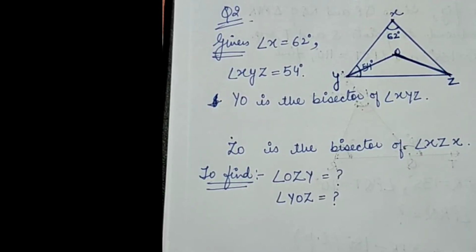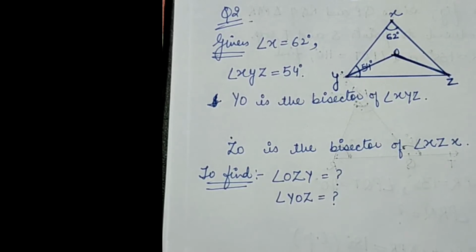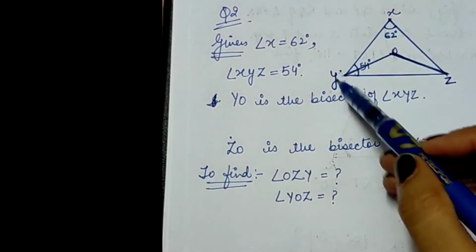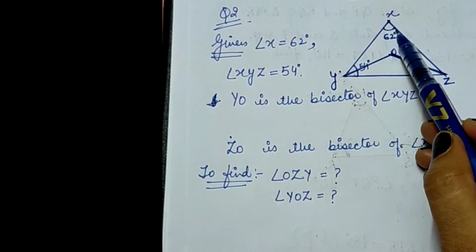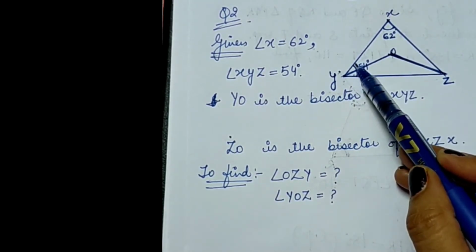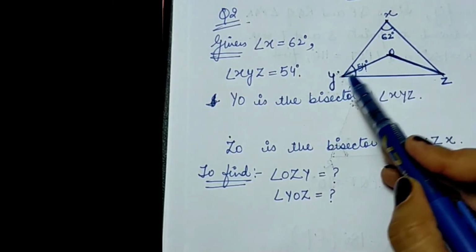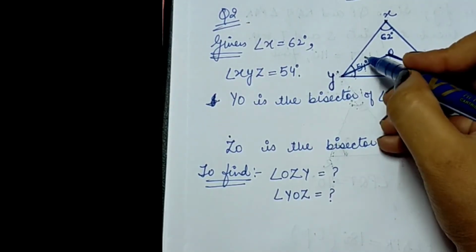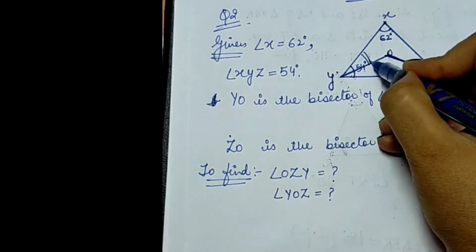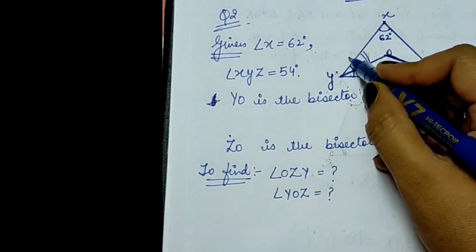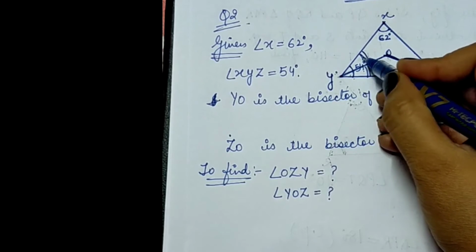So here comes the next question, question number 2. In this given figure, X is given to be 62, XYZ, that means this whole angle, is given to be 54. YO is the bisector of this. Bisector means YO will bisect the whole angle in two equal parts.